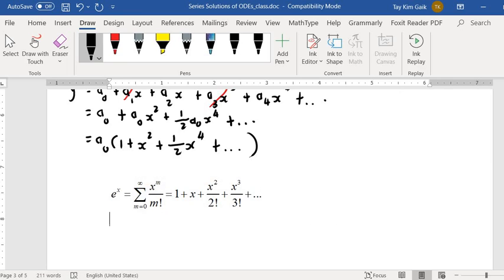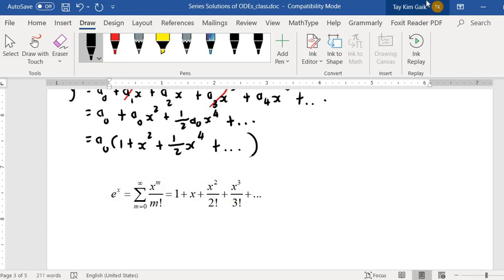This is the power series for exponent x. So you notice they are almost the same pattern. You have 1, and x here is actually x squared. So for 2 factorial, which is 2, this is actually half, so x squared becomes x power 4.